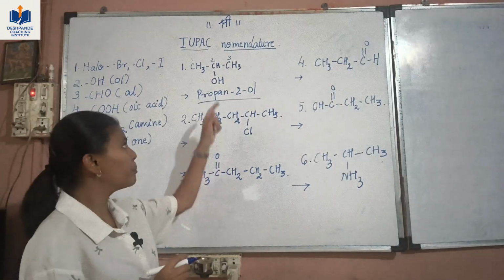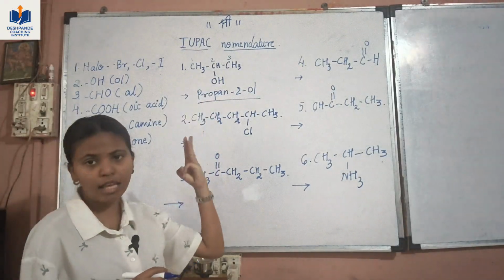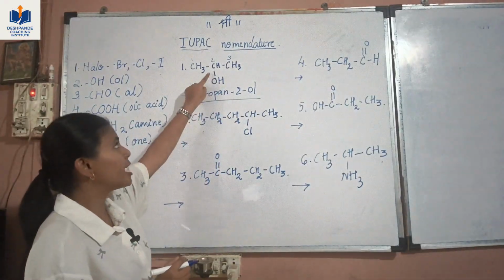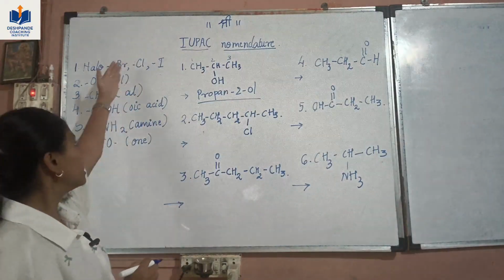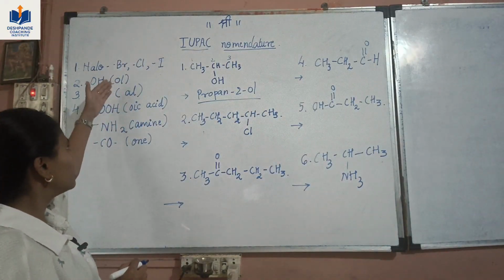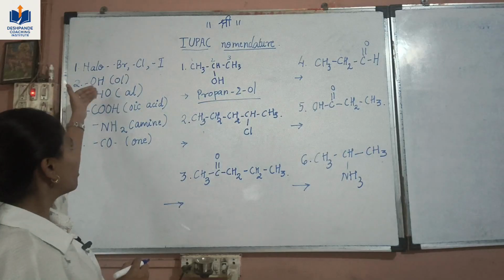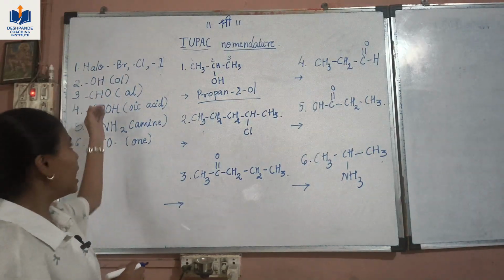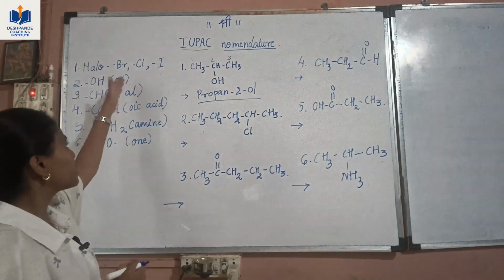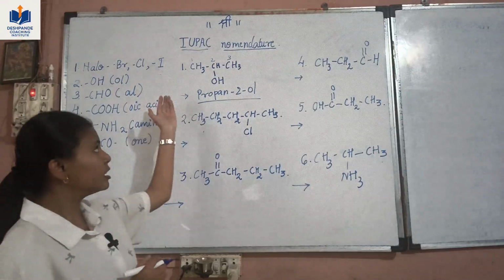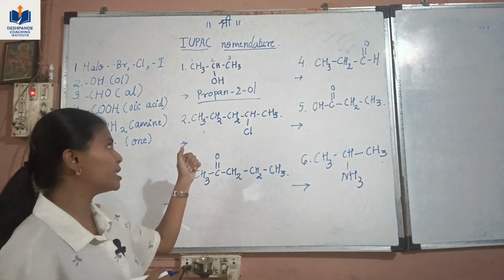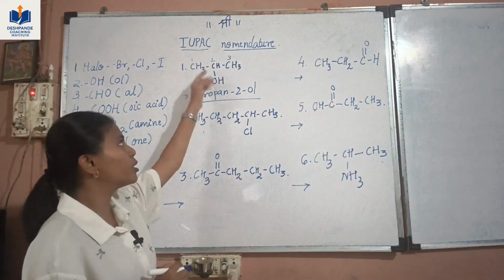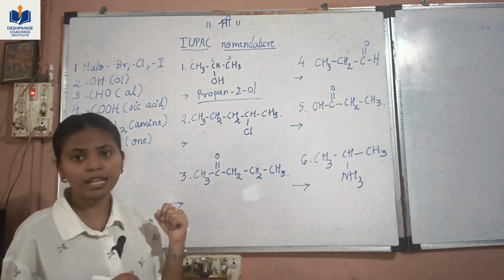Propan because it has 3 carbon atoms, so propane. It has an OH, therefore the ending -ol. You have to learn these endings for all the groups like OH, CHO, for all the prefixes and suffixes. Then you can solve IUPAC nomenclature easily and write their IUPAC names. So 2 we have written because OH is attached to the second carbon.